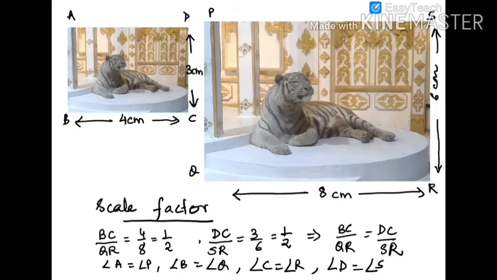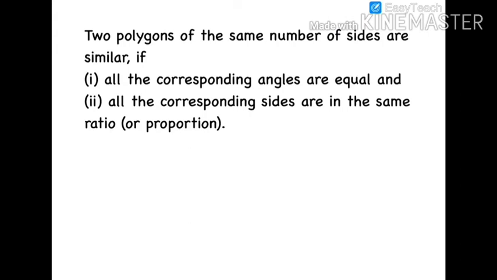Or we can say it the other way around, if two figures have their corresponding angles equal, then they are similar. So we can conclude that two polygons of the same number of sides are similar if all the corresponding angles are equal and all the corresponding sides are in the same ratio.